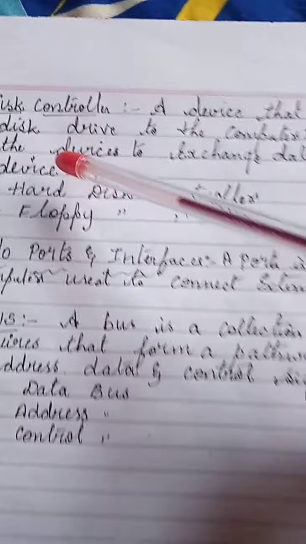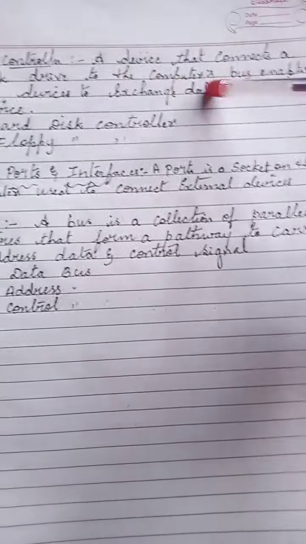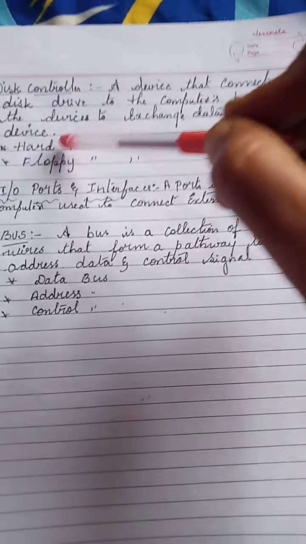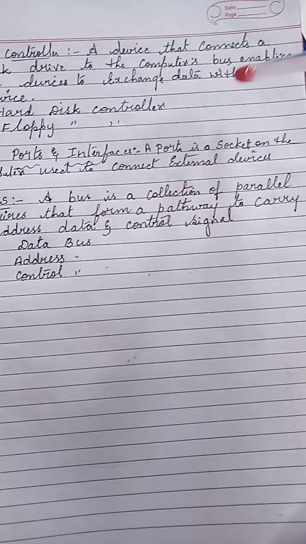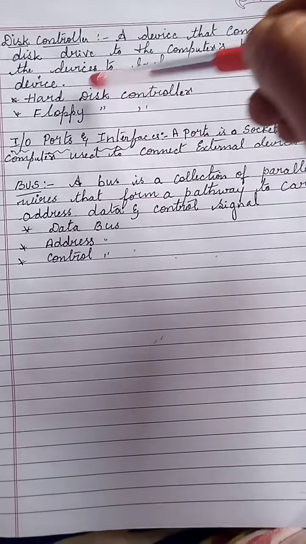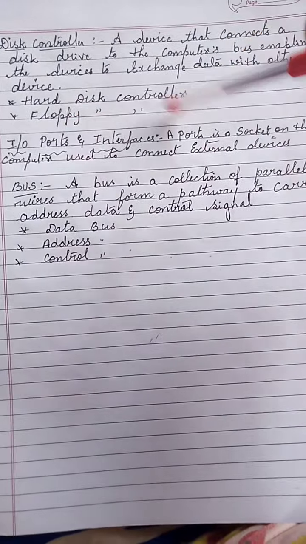A disk controller is a device that connects disk devices to the computer bus, enabling the devices to exchange data with the other devices. We have 2 types of disk controller, that is hard disk controller and floppy disk controller.